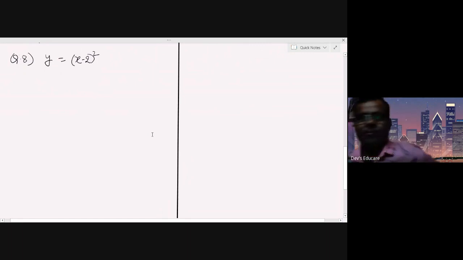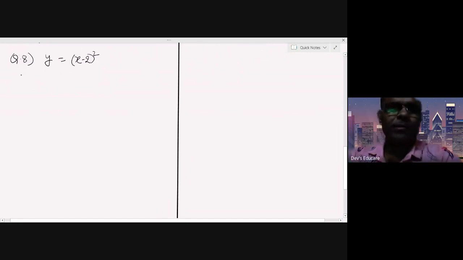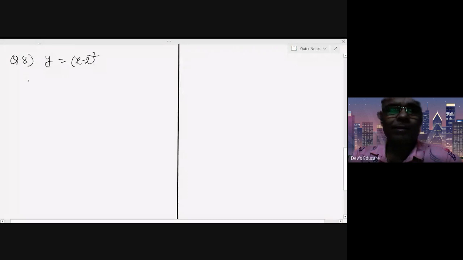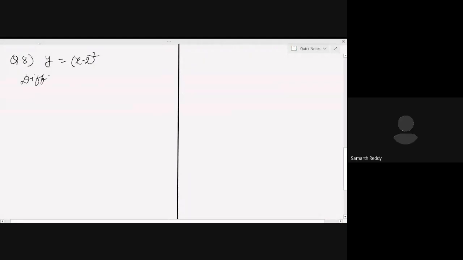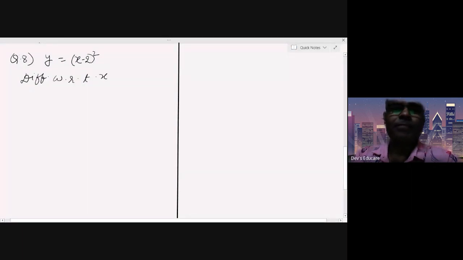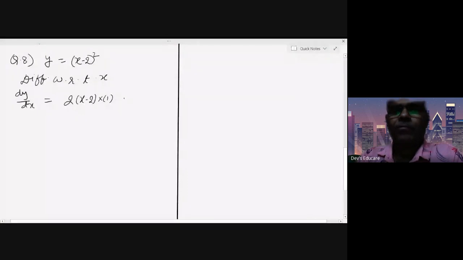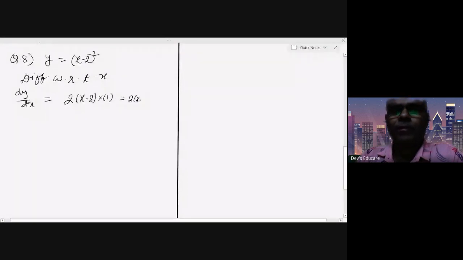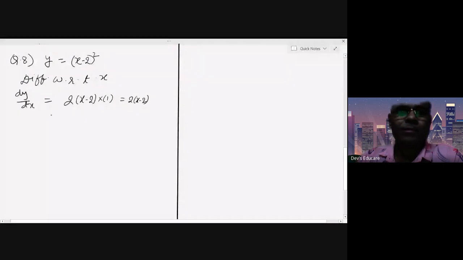So y equals x minus 2 whole square, and differentiating with respect to x, dy upon dx equals 2 times x minus 2 into the derivative of x minus 2, which is 1. So we have 2 times x minus 2, which is 2x minus 4.